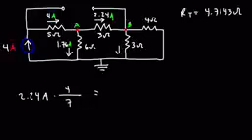So thus we're going to have a current of 1.28 amps flowing through the 3 ohm resistor. And then 2.24 minus 1.28, we're going to have a smaller current flowing through the larger resistor. So that's 0.96 amps. So at this point, we have everything that we need to calculate the potentials at point A and B.